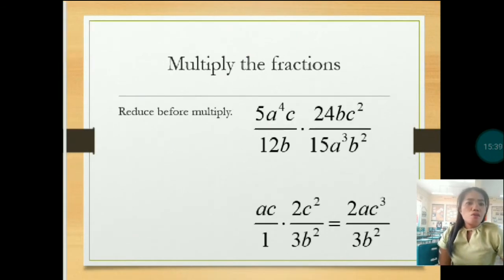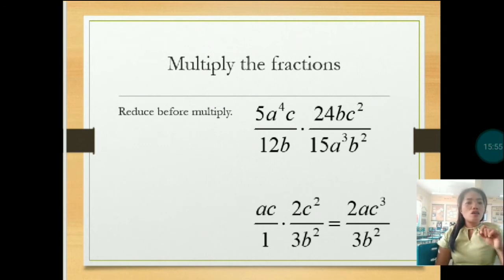Okay, therefore we have here the numerator of our first rational expression, 5a to the power of 4c, and our denominator of the second expression, 15a cubed b squared.